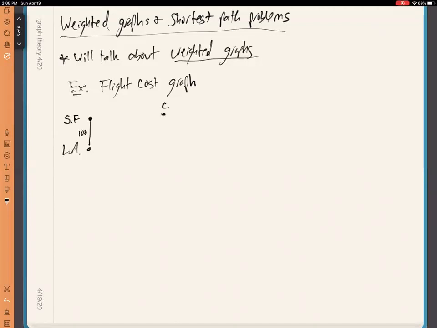So maybe you have Chicago out here, and then Boston over here, New York over here, and Atlanta over here. And let's just include some edges, right? So LA to Atlanta, let's say that's 350, and so on. So let me just copy this over.